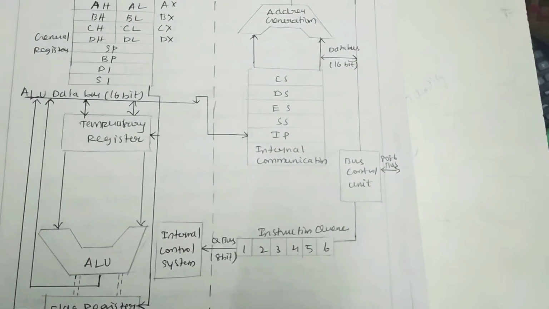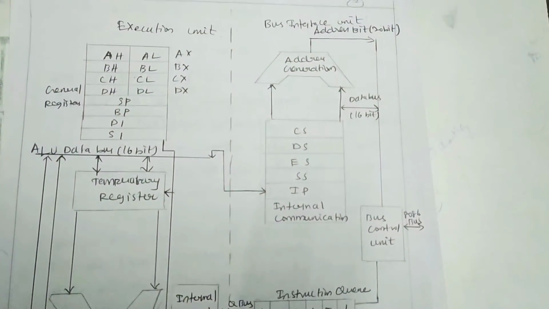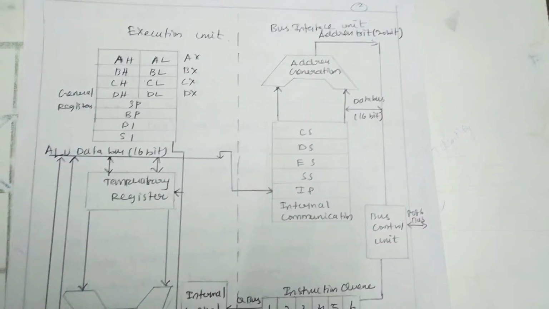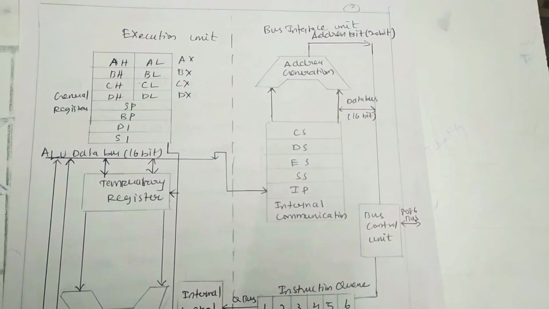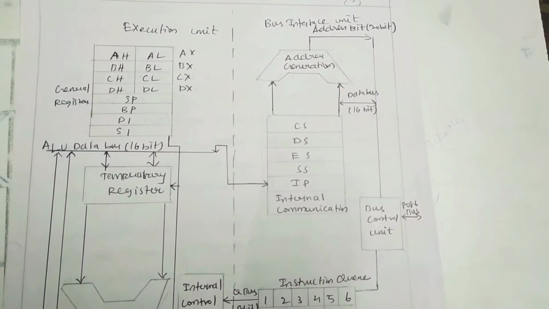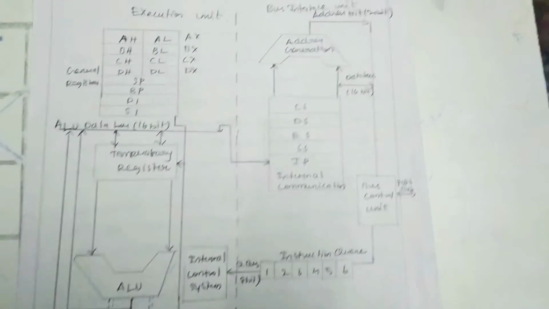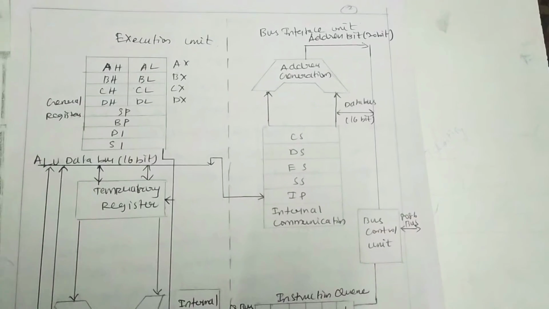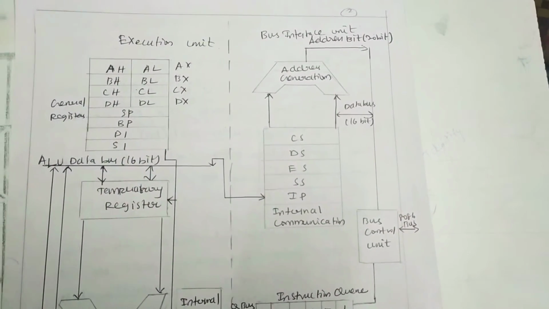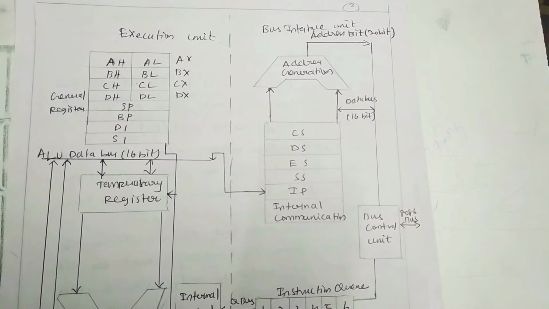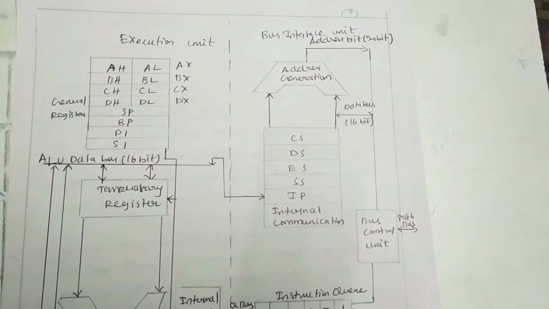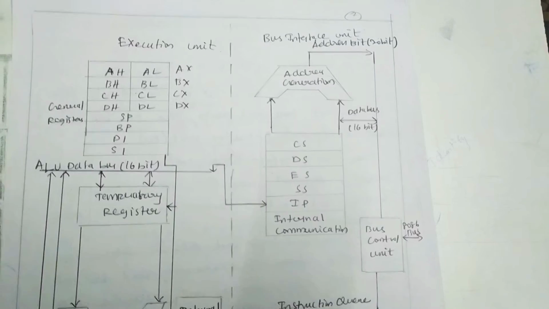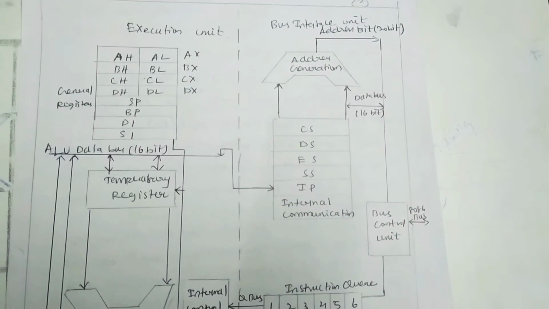There are three buses provided: data bus, address bus, and control bus. Bus is the path for the flow of data. These are the bus structures. Now I will tell you how the process flows. When instructions enter the bus interface unit, they are sent into the instruction queue, which queues the instructions for processing.